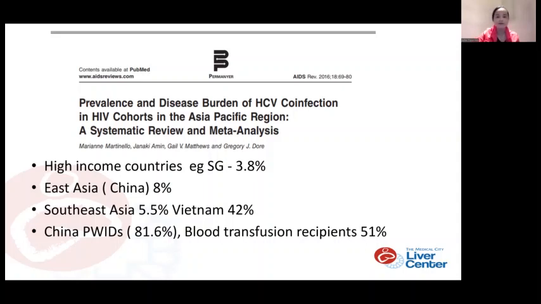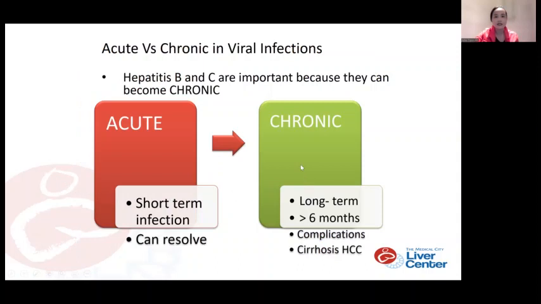So just as a background and a review, it's important to discuss the difference of acute and chronic in viral infections. The reason why hepatitis B and hepatitis C are important is because they can become chronic. Patients can carry these viruses in their bodies and livers for a long time, and this leads to complications.